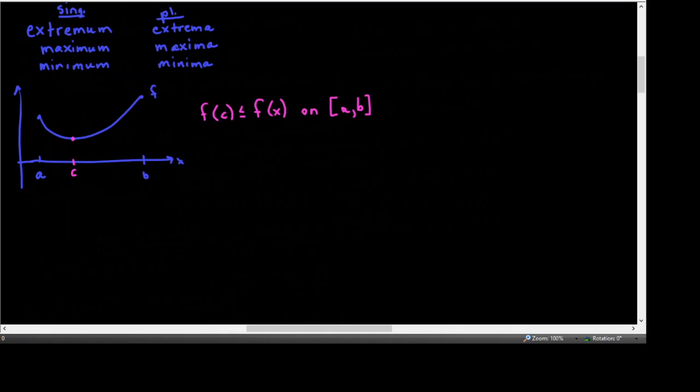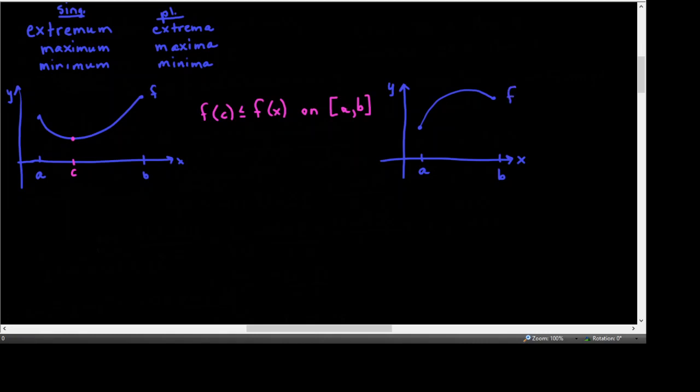So number two, f of c is the maximum of f on I when f of c is greater than or equal to f of x for all x in the interval I. So see if you could draw a picture that represents that. You've got the picture on the left to help. Okay, so I'm starting to draw my picture.